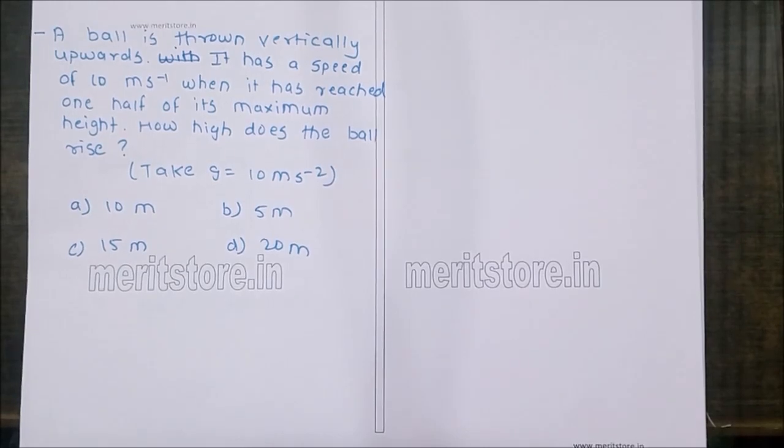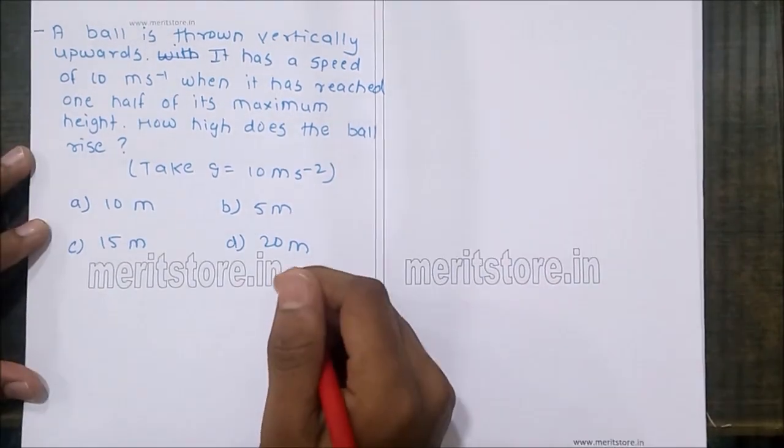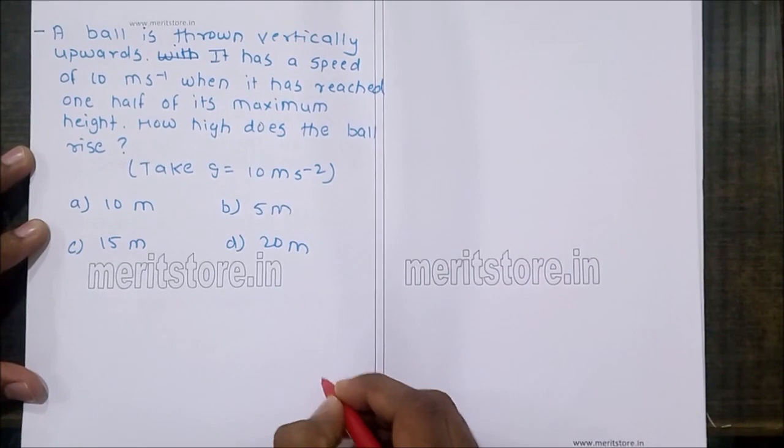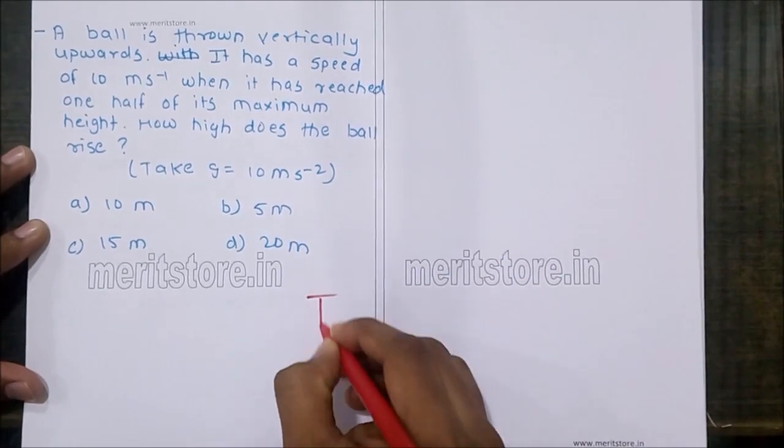A ball is thrown vertically upwards. It has a speed of 10 meters per second when it has reached one half of its maximum height. How high does the ball rise? The value of g is given as 10 meters per second square. The four options are 10 meters, 5 meters, 15 meters and 20 meters. So in order to solve this sum, let us draw a figure.